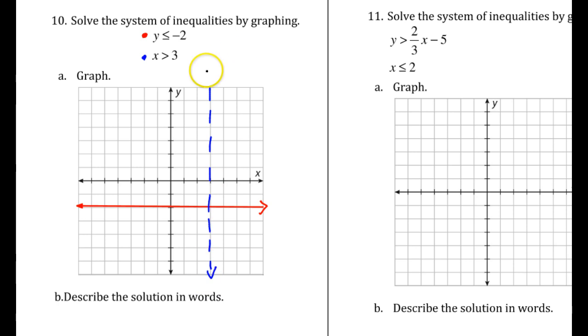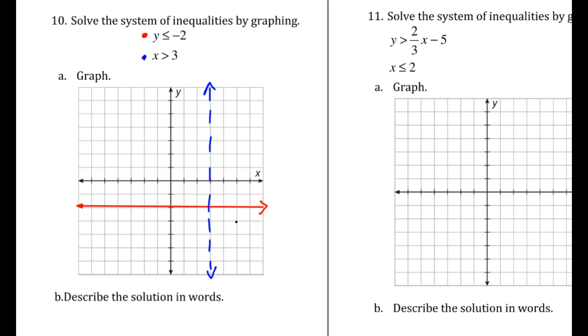So you can tell we're kind of keen on having these graphs where you have one vertical, one horizontal. So which of these coordinates, if you picked a random coordinate, the x would be bigger than 3, but the y would be less than -2. Yep. Bottom right. Bottom right.